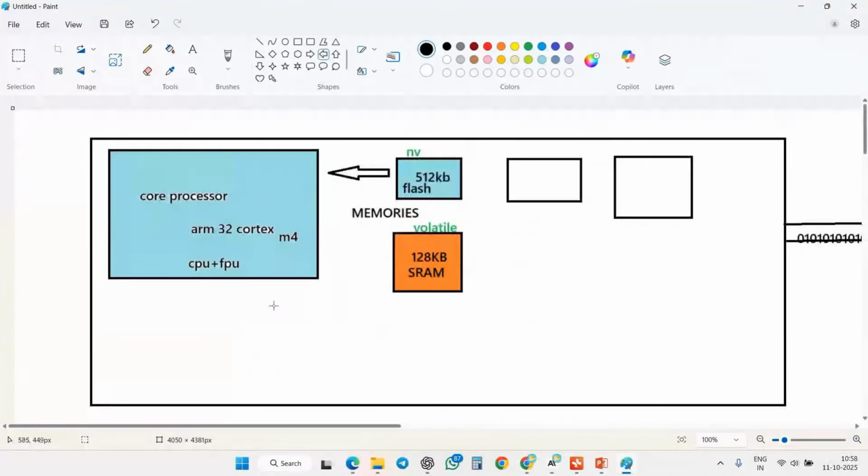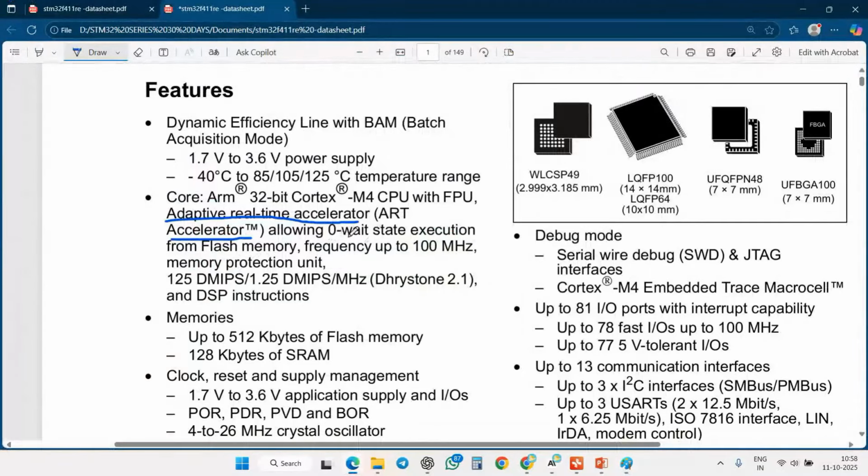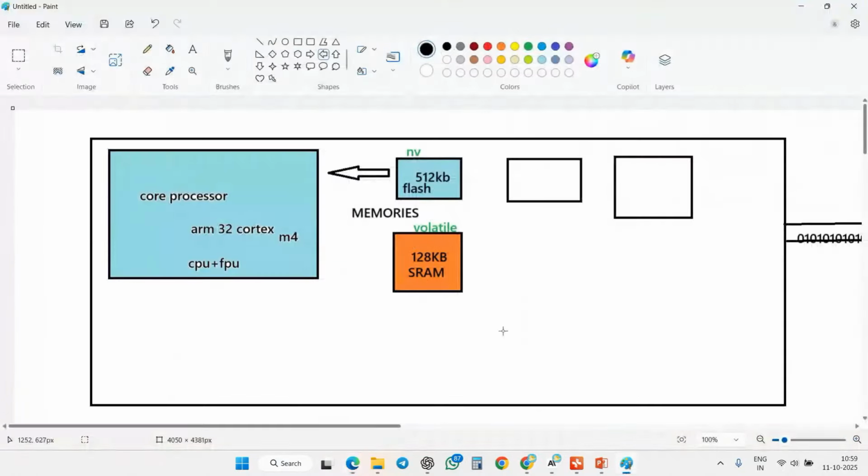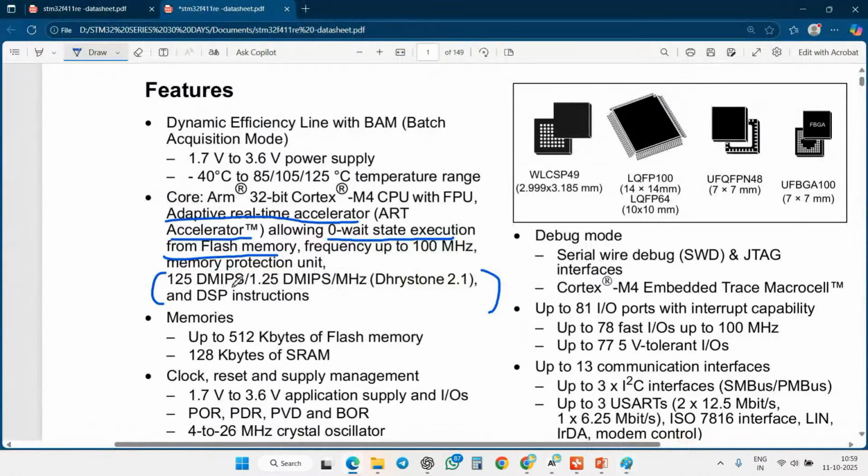And here you are talking about the ART. What is the meaning of ART? It is called zero wait state execution from the flash memory. What ART means here is we need to know how much data it is getting from this memory to process. It can process 125 million instructions per 1 megahertz.